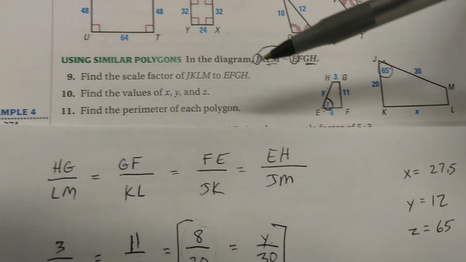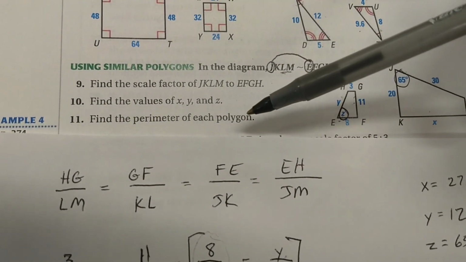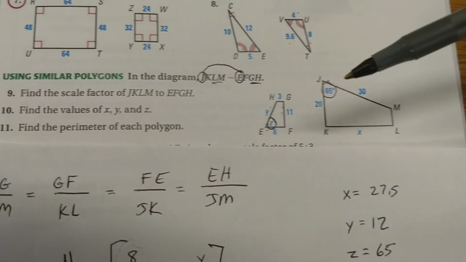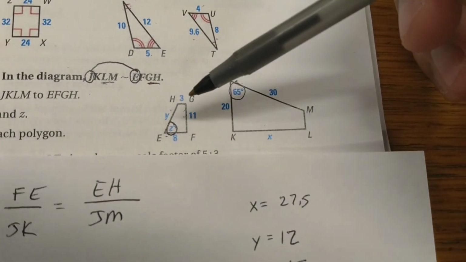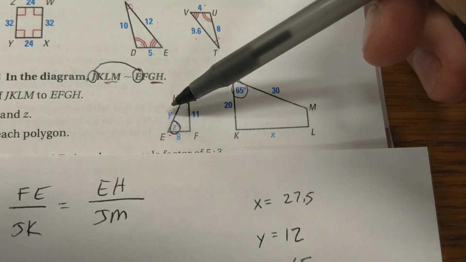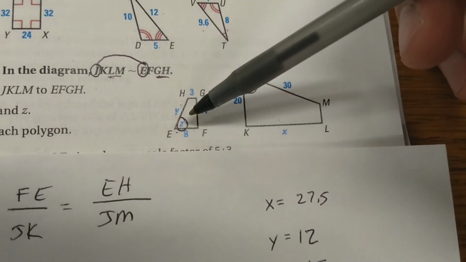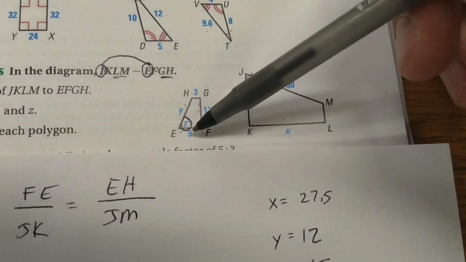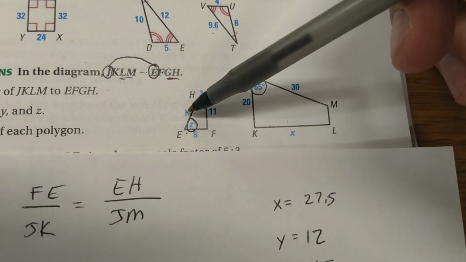We've done 9, we've done 10. The last one, number 11, just says find the perimeter of each polygon. Essentially, you would be doing the same thing. We've got all of these values that make up the perimeter of this smaller figure. So 3, 11, 8, and we found y to be 12.